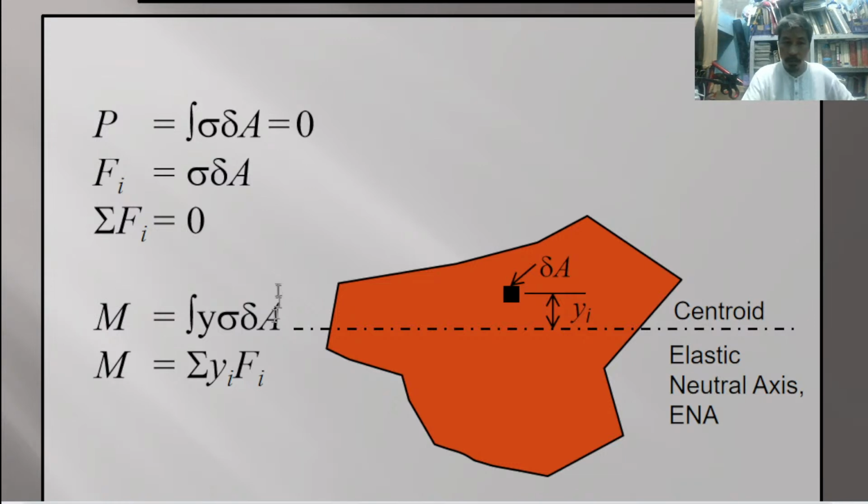And then for the moment, just multiply this force by Y, meaning this is the moment arm, and that is supposed to be integral of y rho delta A. So where y is the centroid of that particular area of concern. Okay? So if you are going to do it on infinitesimal area, so instead of integral, summation y Fi. Okay?